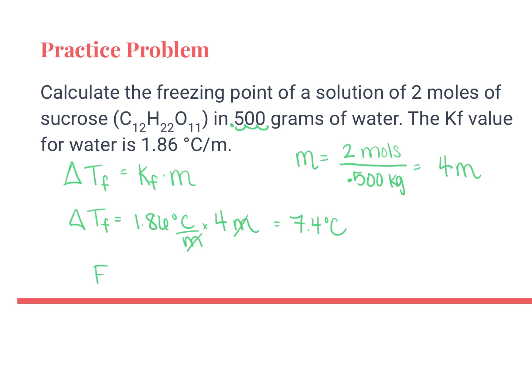The last step is to calculate the freezing point. What's the freezing point of water? It's 0 minus 7.4, so the new freezing point of the solution is negative 7.4 degrees Celsius.